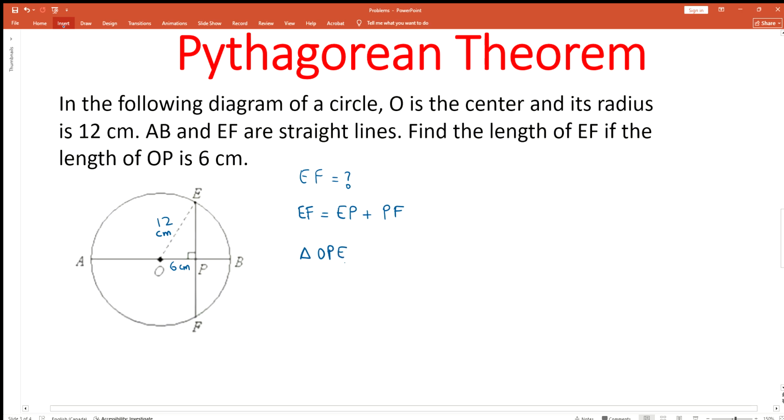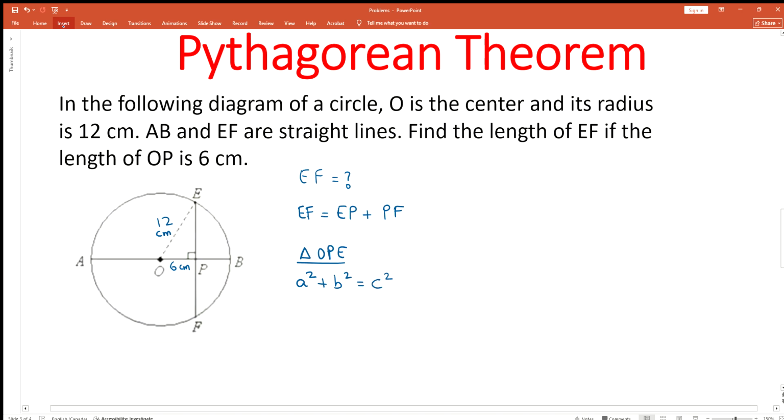This is a right angle triangle because we are given that the angle at corner P is a right angle. In this triangle, we know the length of side OE, we know the length of side OP, so we can use Pythagorean theorem equation to find the length of EP. The Pythagorean theorem equation is a square plus b square equals c square.